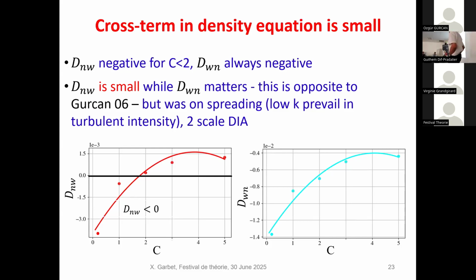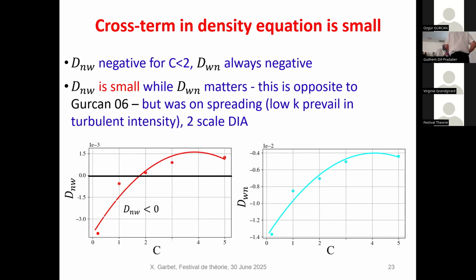So positive is in agreement with the AI. That's consistent because the result I showed you was for large C. And D_WN is always negative, so also in agreement with the AI. Now, you probably cannot see the numbers, but this one here is 10 times smaller than this one. So this seems to say that D_WN is actually kind of small, you could get rid of it.